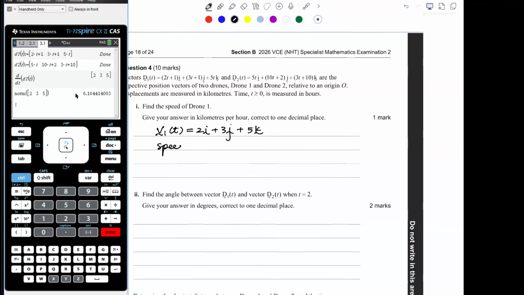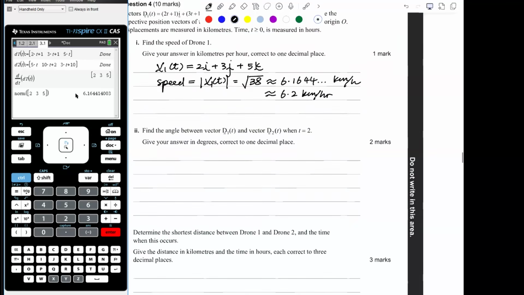Speed equals magnitude of v1 of t. I think it's 4 plus 9, 13 plus 25, 38, square root, rounded to 6.1644 kilometers per hour, which is rounded to 6.2 kilometers per hour.